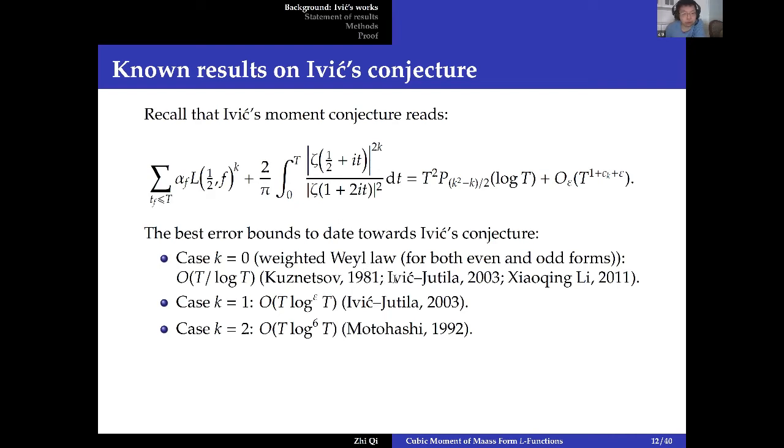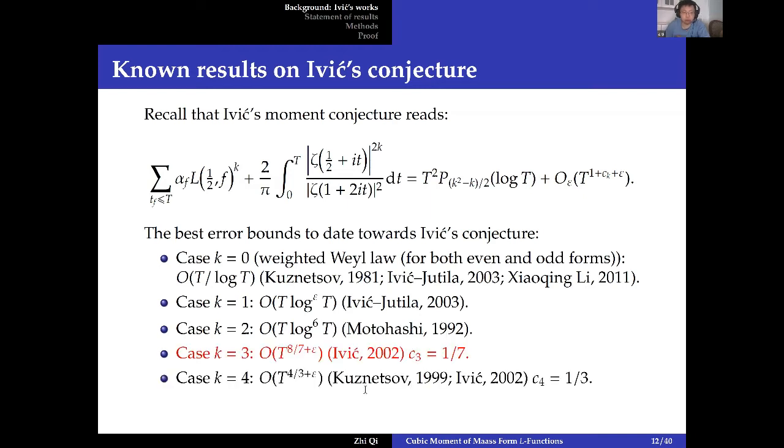The currently best result is due to Cauchy-Schwarz, who proves the error term to be bounded by T over log T. Okay, and for k equal to 1, Ivić and Jutila gave an upper bound T log T. And when k equal to 2, Motohashi proved it to be T times the 6th power of log T.